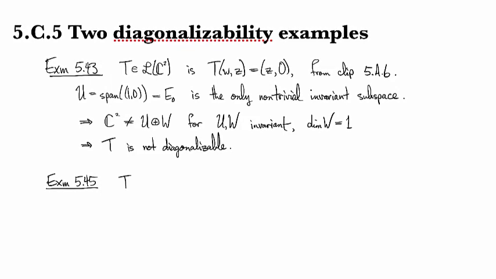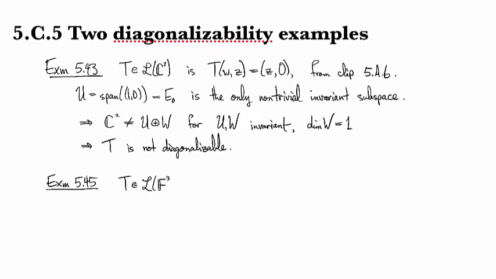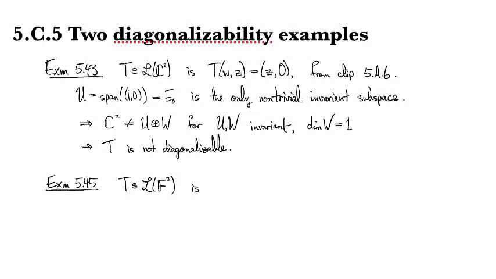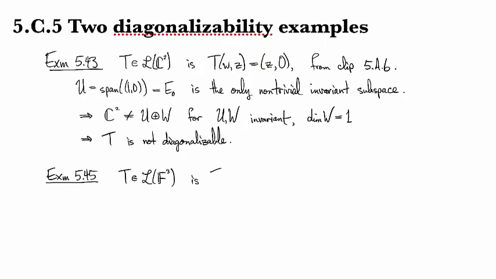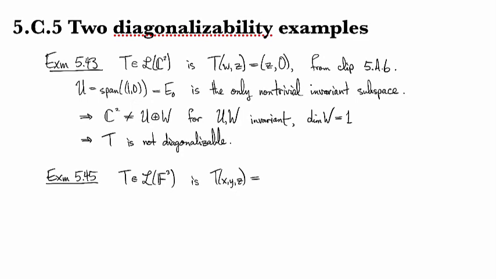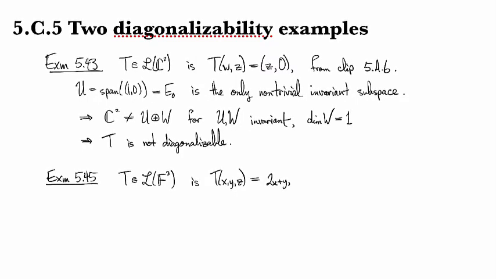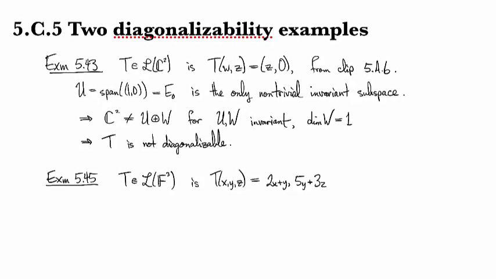So here T is going to be an operator on F3, given by, let's see, T acts on (x, y, z) by mapping it to (2x + y, 5y + 3z, 8z).